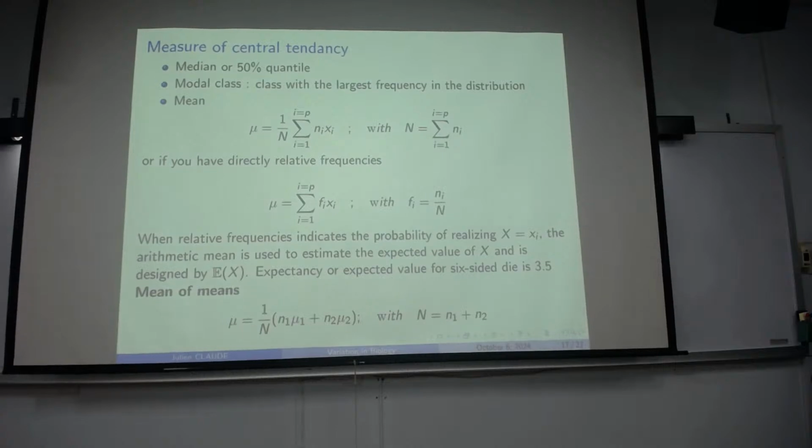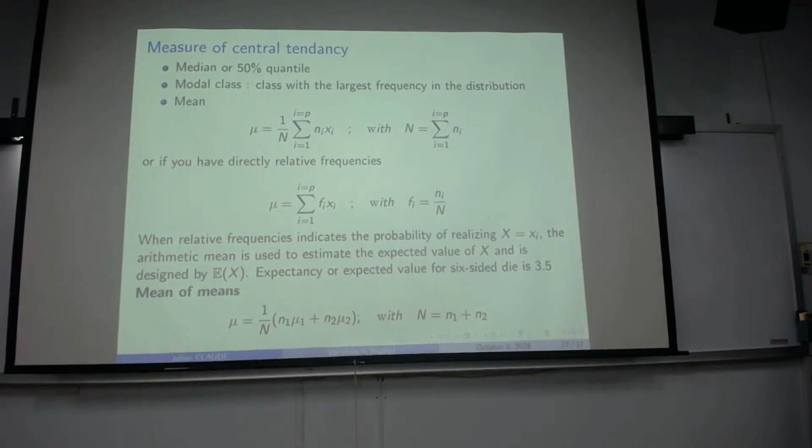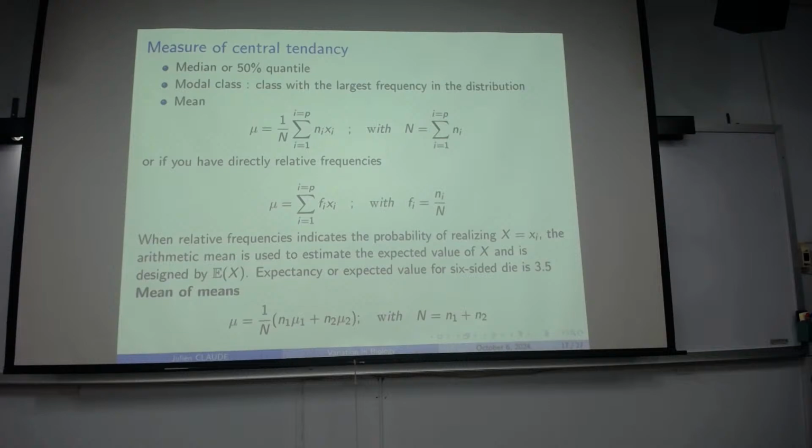In some book, you will find expectancy value or expectancy. But in most books, you will see the expected value of x. And it is usually designated by a big E x. So this is the value of x that we expect in average. This is the value of x that will be in the center of the distribution.